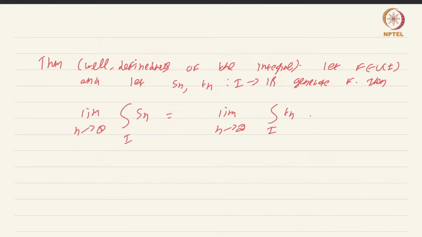Okay. Now observe the following. This proof is rather an easy consequence of the previous lemma. So observe that each Tn is less than or equal to f almost everywhere.